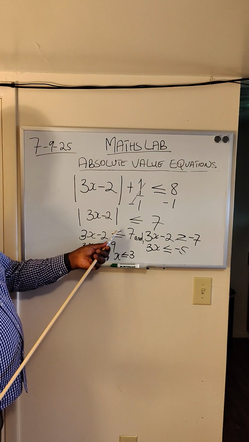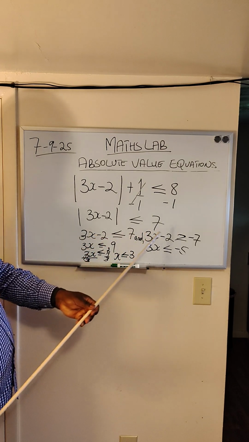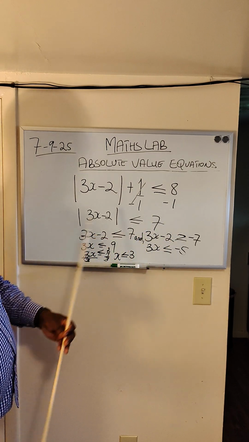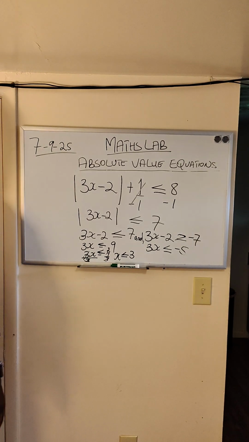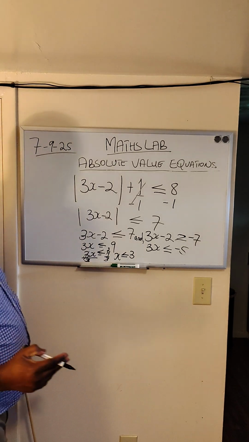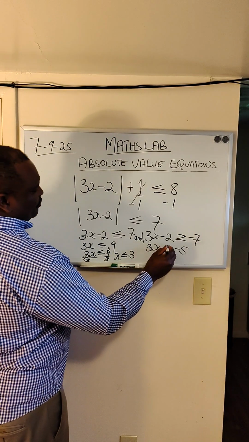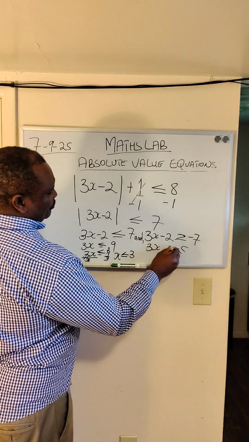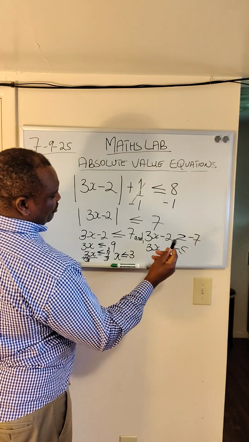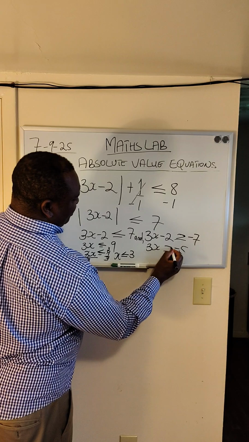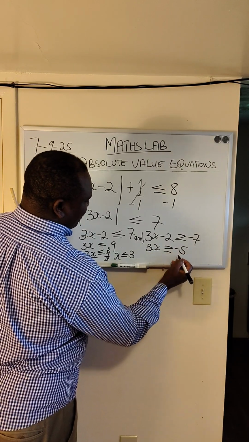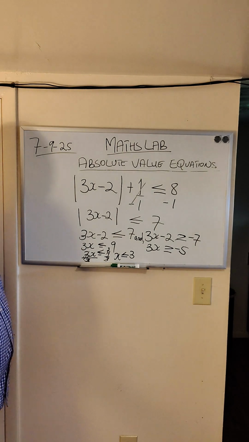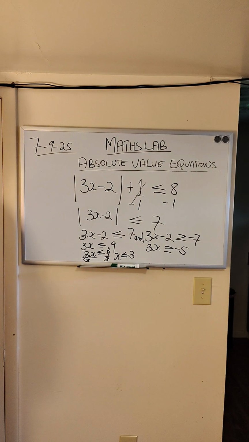So now we have to write it differently. So 3x is greater than or equal to negative 5.